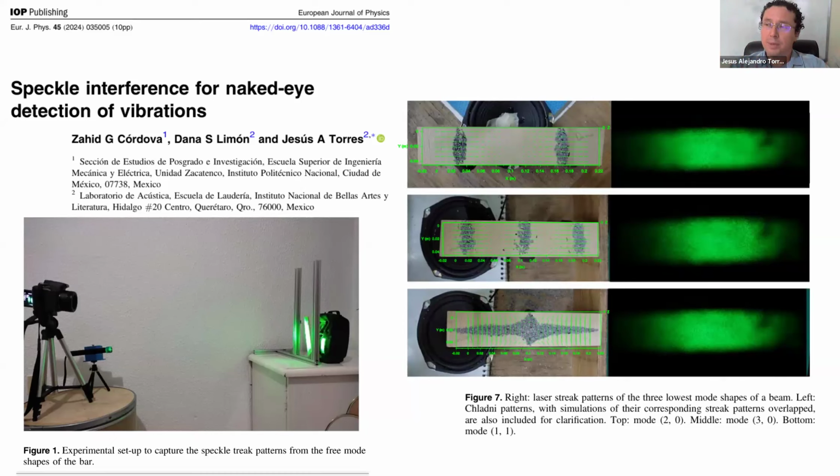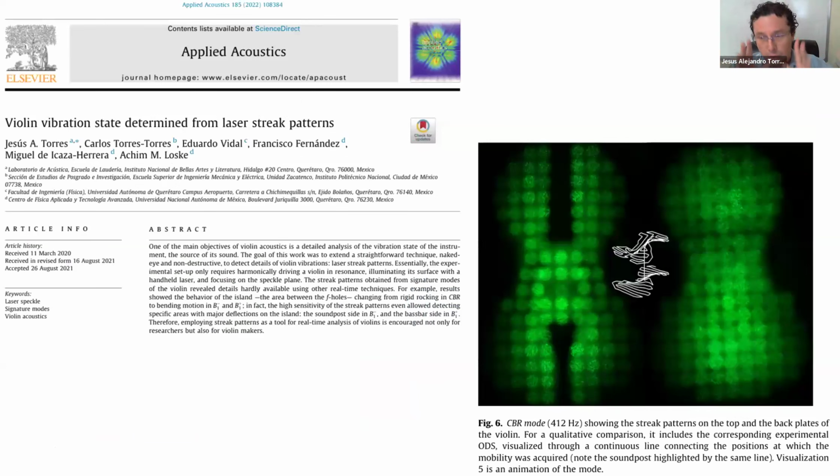You can find this paper with this technique explained, to be implemented in any classroom at any level. Of course, we use this technique to see the vibrations of a violin. This is a paper available in Applied Acoustics, where we can see how the signature modes of the violin are revealed by this technique.